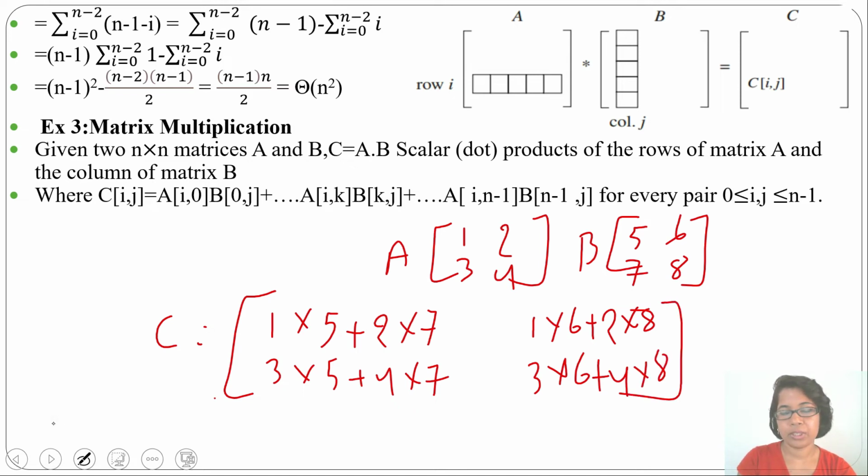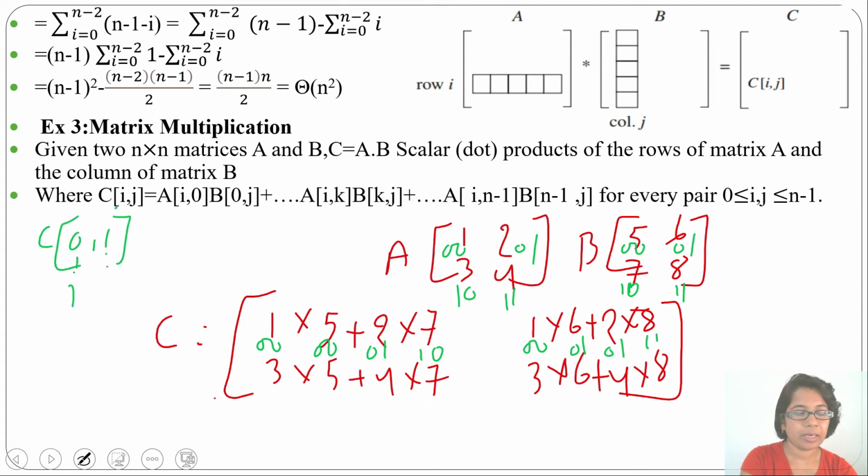Let me write the positions so that you can understand. Here it is 0,0; 0,1; 1,0; 1,1. Here it is 0,0; 0,1; 1,0; 1,1. Now C of 0,0: this one is 0,0, 5 is 0,0, that is B of 0,0. Then this 2 is 0,1, and 7 is 1,0. Here this one is 0,0, 6 is 0,1, and 2 is 0,1, and 8 is 1,1. So let me write C of 0,1. Here 0 is i and 1 is j.